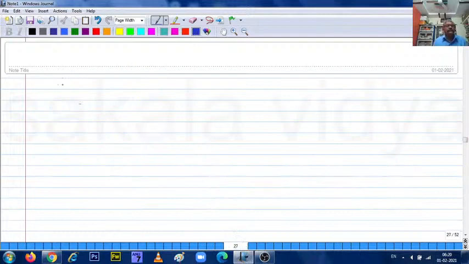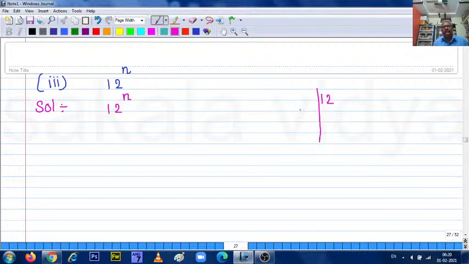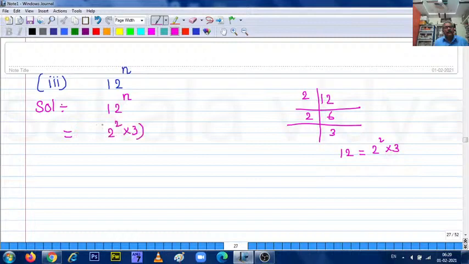Next, third question. 12 to the power of n. See the solution. Here 12 we can write 2 times 6, 2 times 3. This 12 we can write 2 square into 3. This can be written 2 square into 3 whole to the power of n.